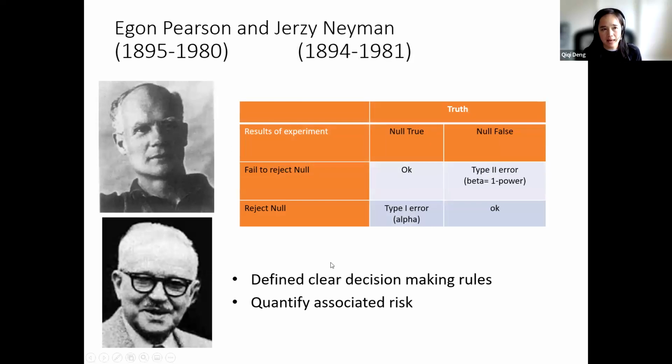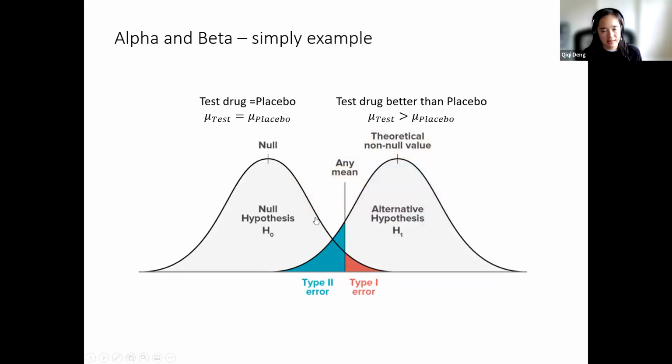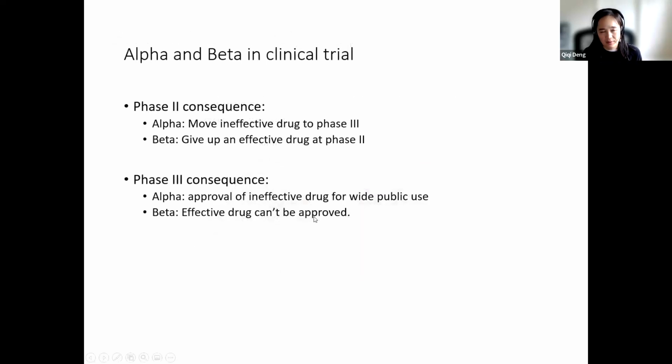So we have to go back to the Pearson and Neyman hypothesis testing framework again for decision making. And this again is the same statistical question you're trying to answer. However, between phase 2 and phase 3, type 1 error and type 2 error have different consequences.